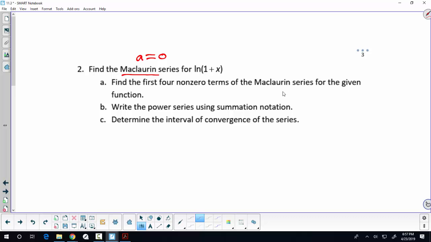No, because if it was negative 1 to the 10, for F.